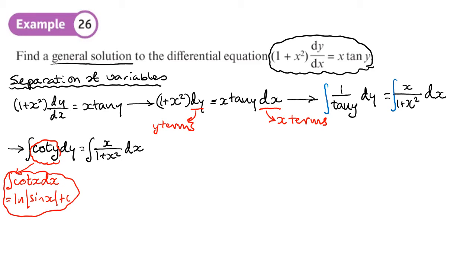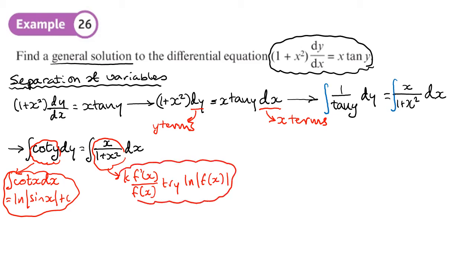And this side, I recognize that it's this pattern, f dash of x over f of x. So then what I do is I try the log of the bottom and then make any adjustments. So that basically is telling me how I'm going to integrate that.